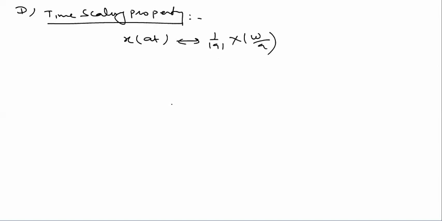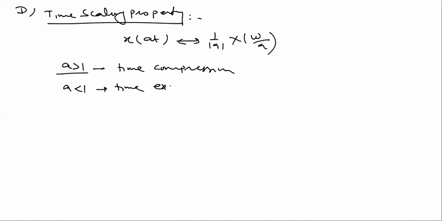It is known as the time scaling property. This is also proved through change of variable. If a is greater than 1, time compression. If a is less than 1, time expansion, which is already known to us.